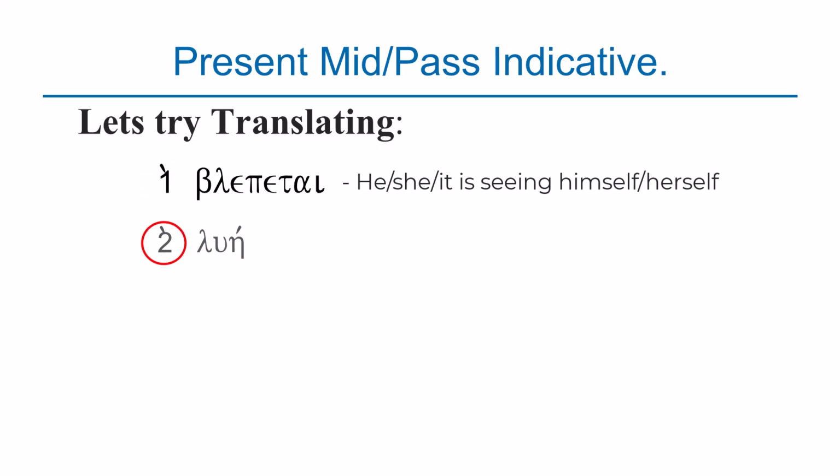For luei, which is in the second person singular, if we are translating it in the middle, it's going to be you are loosing yourself, when the subject is doing the action to himself. But in the passive, it's going to be you are being loosed. That's how you translate some phrases or words in the middle or in the passive.